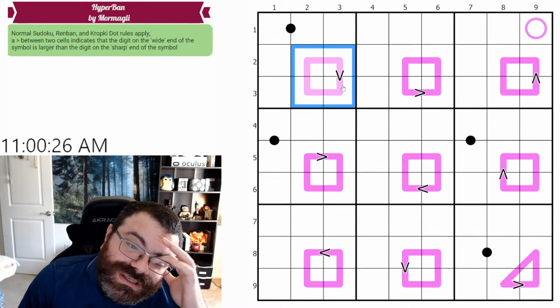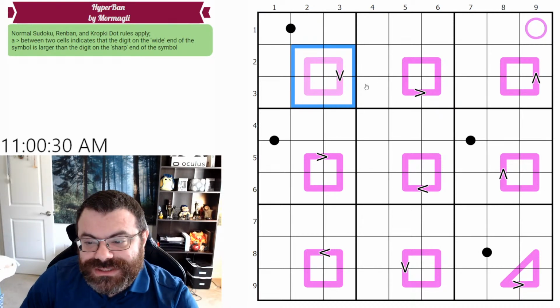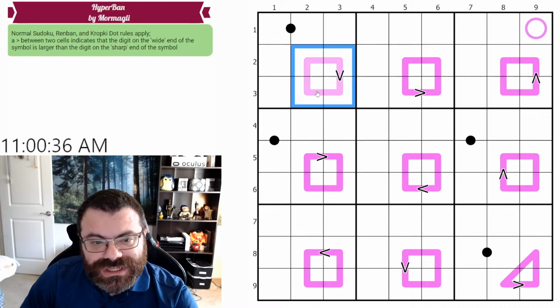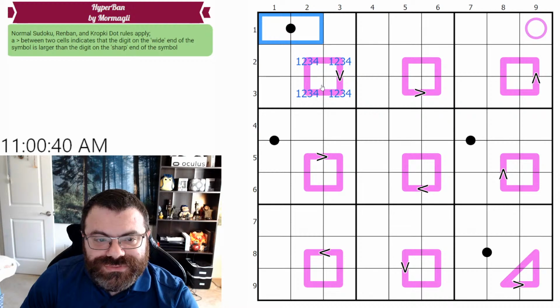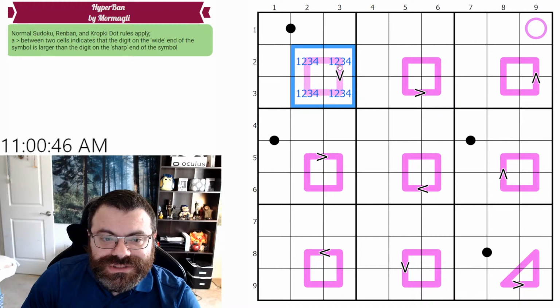Okay, so let's think about the Renban plus the black dot, as people are suggesting. I don't have an intuition for this, so we're going to go through cases and see if we can build an intuition for this. So what if this was 1, 2, 3, 4? Well, what would this black dot do? All of our low digits are gone, and a black dot must have a low digit in it. So that's just completely broken.